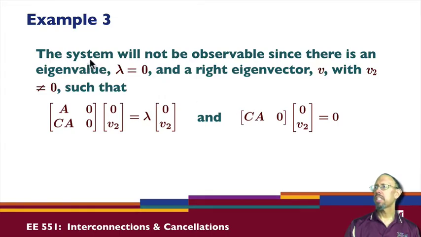So basically this system will not be observable since there is an eigenvalue lambda equals 0 and a right eigenvector v not 0. So for example, if I choose a vector of this form where this is not 0, I can show that I get the same thing back.